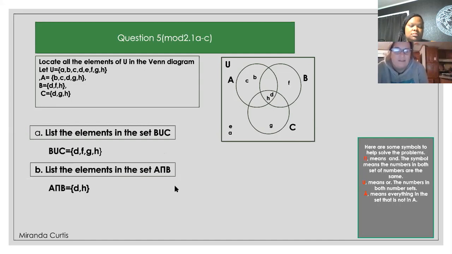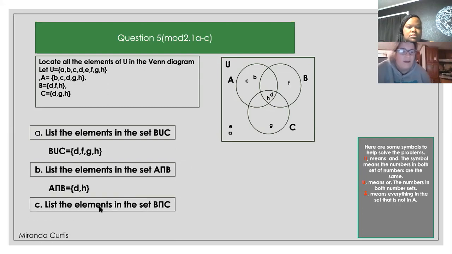So A and B. So the only ones that intersect with everybody is H and D with A and B. So our last one right here is list the elements in the set B, and we have our N and our C. So that means it's going to be B and it's going to be C. So there's only two. So it's going to be D and H.